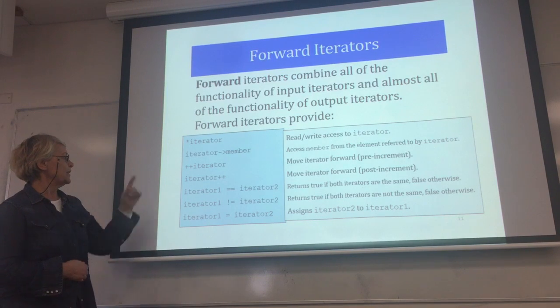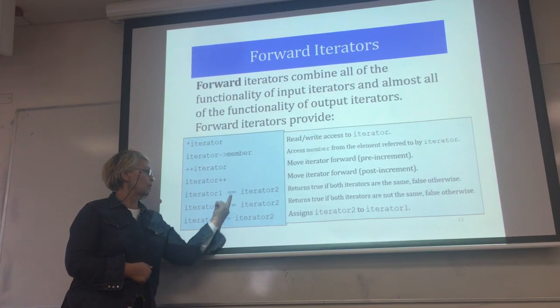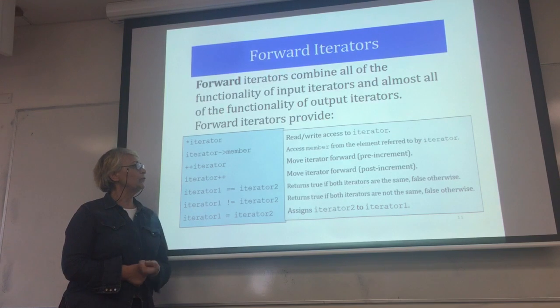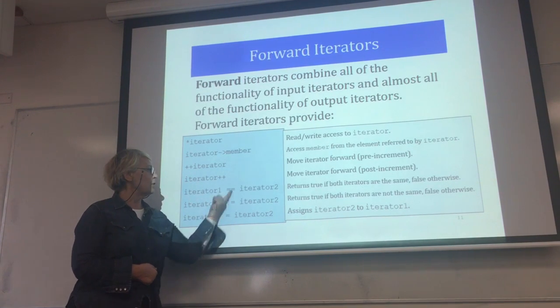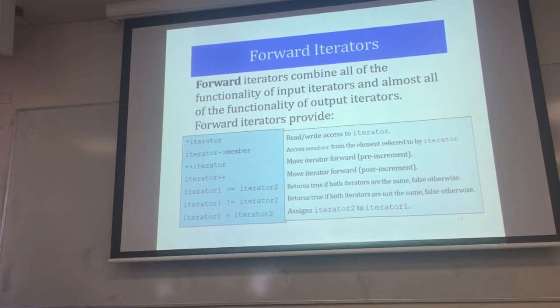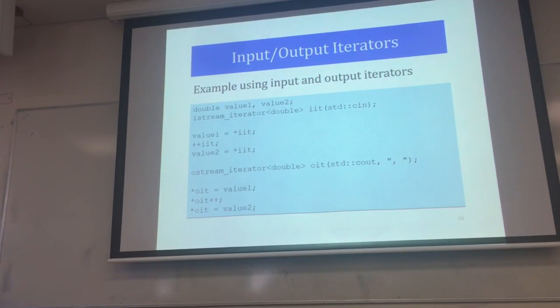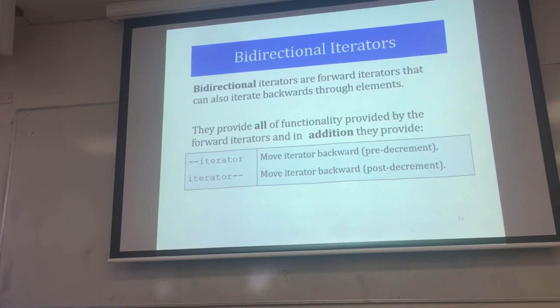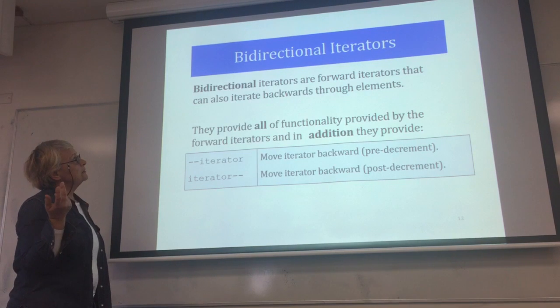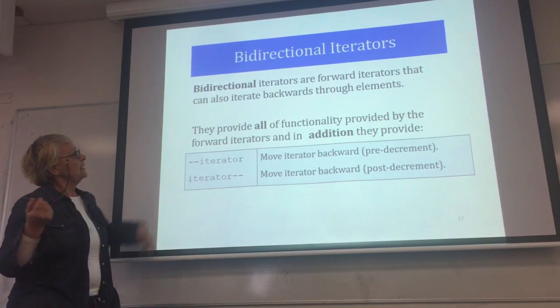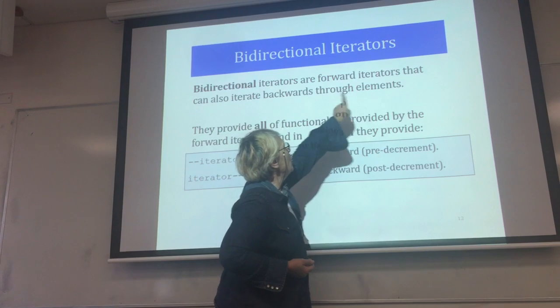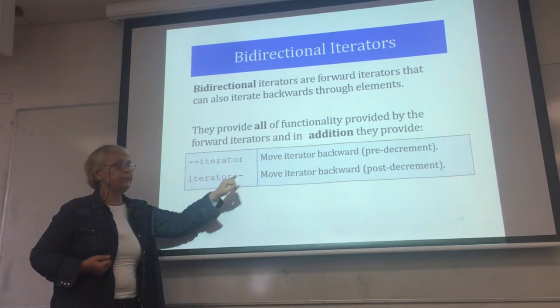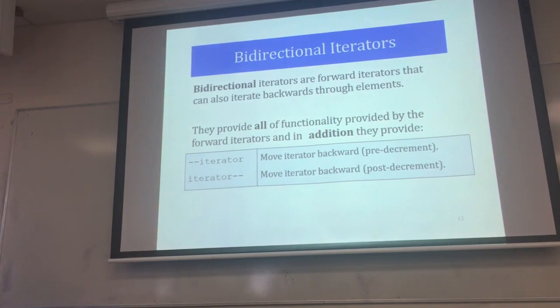On top of that, we can compare and assign between forward iterators, and these operators were not available in the input and output iterators. Bidirectional iterators come with all operations of forward, plus the power to move backward one location.